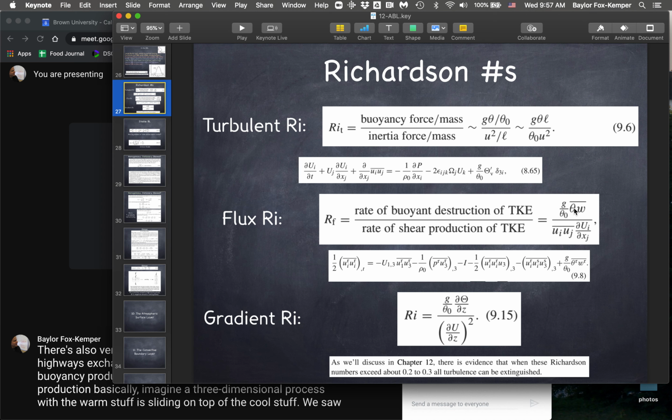We saw that in a couple of movies, but we're going to come back and talk more about it as we get to the submesoscale and mesoscale dynamics. In that case, you're putting warm on top of cold. You're not doing any vertical overturning to do it, though. You're just sliding them horizontally along density surfaces. But you still end up extracting energy by putting the warm stuff on top of the cold stuff. So that will be another mechanism where we can avoid this flux Richardson number constraint and still have turbulent motion or quasi-geostrophic turbulent motion at large Richardson number.